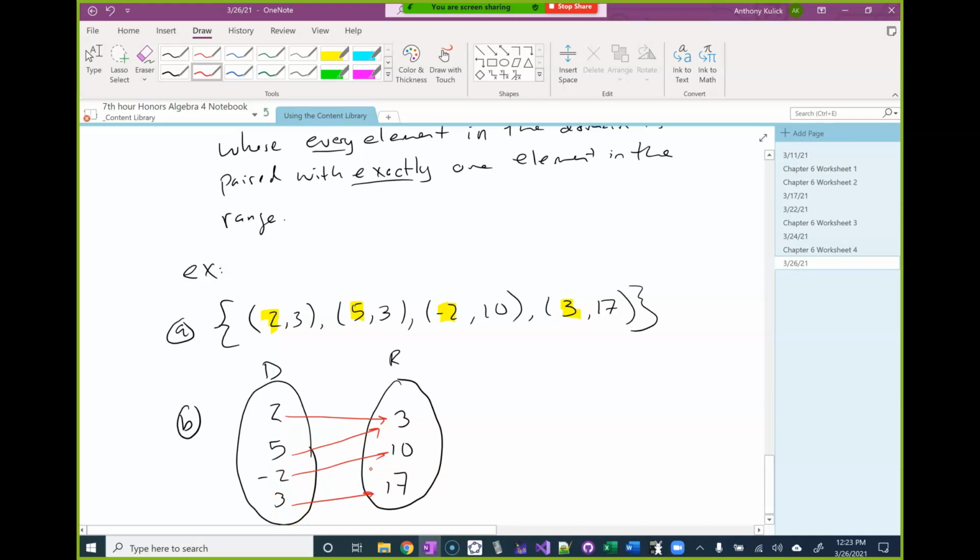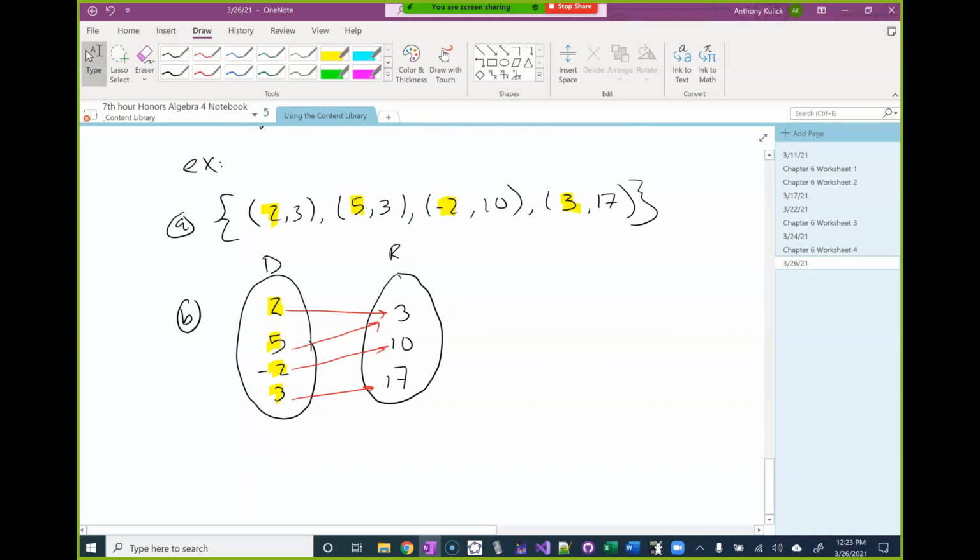This is representing a function because everything in our domain goes to just one location. It doesn't matter that some of them go to the same location, they just have to go one place. Everybody's okay with that?